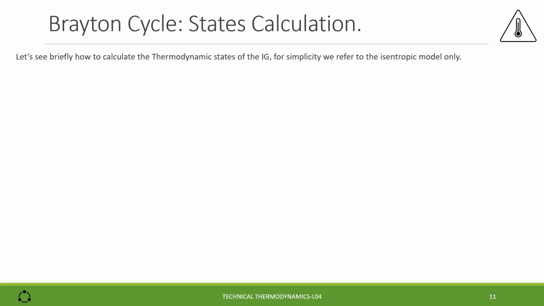In the last part of the presentation we want to see together how to calculate the states of a transformation. To make it simple, we refer here to the ideal gas and isentropic model only, but the procedure can be used for any cycle. First, we need to define arbitrarily a reference state.